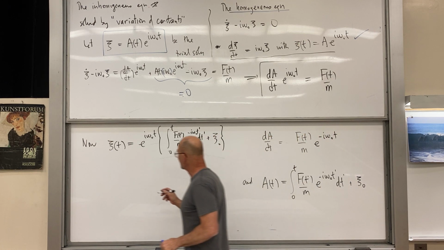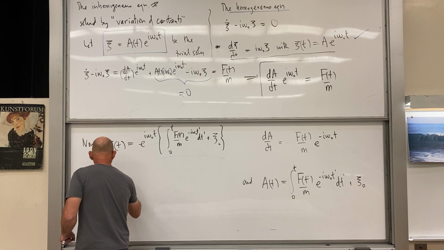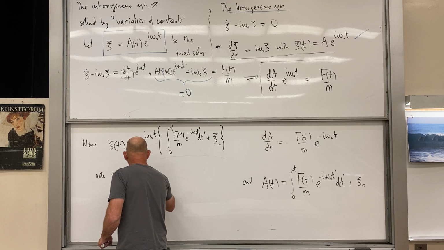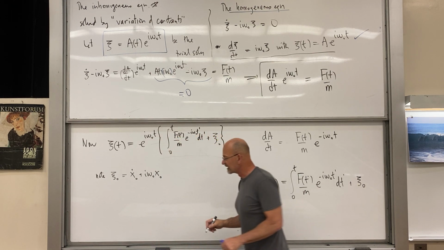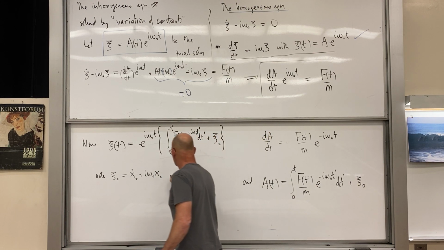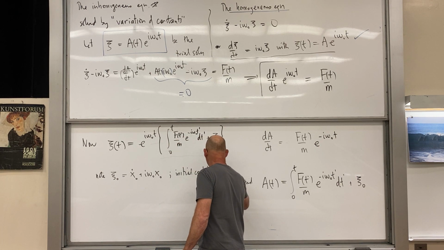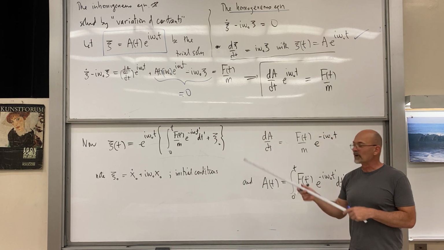So I'll just write here as a note, c sub 0 is equal to x dot sub 0 plus i omega naught x sub 0, right? Initial conditions. Okay, so now we have to work with this very interesting recipe.